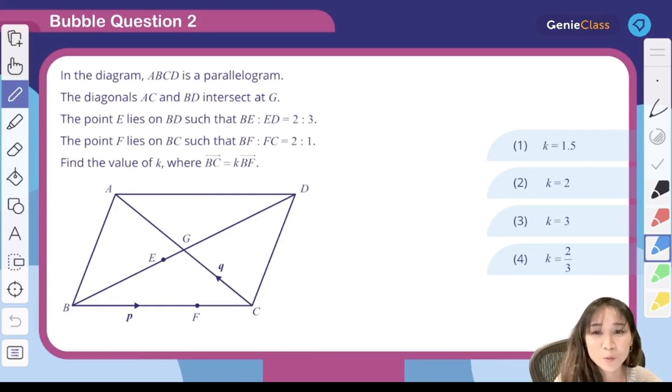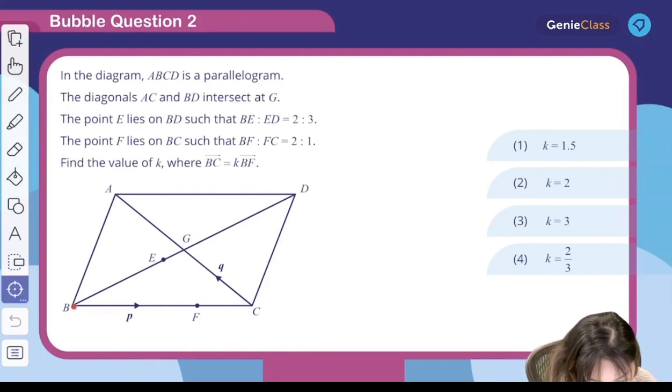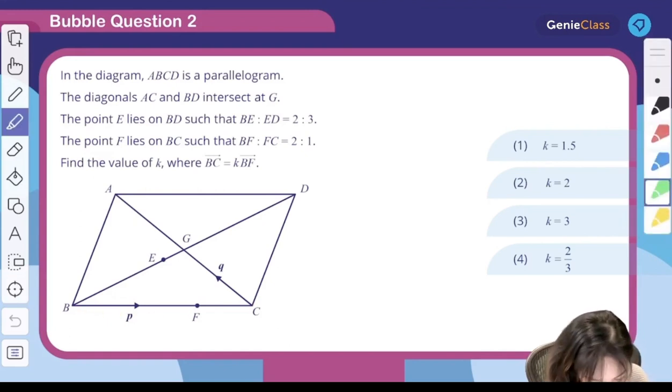Okay, think about it. What is the value of K? So we are looking at BC and BF. So this ratio here. F lies on BC such that BF to FC is 2:1.